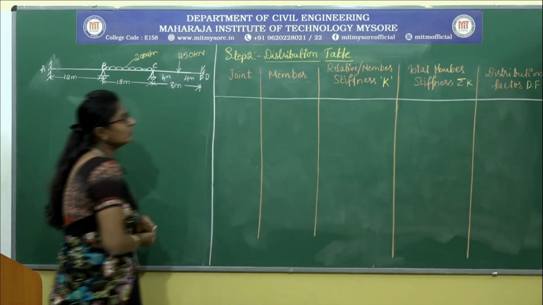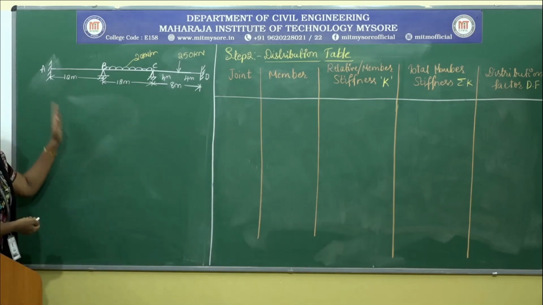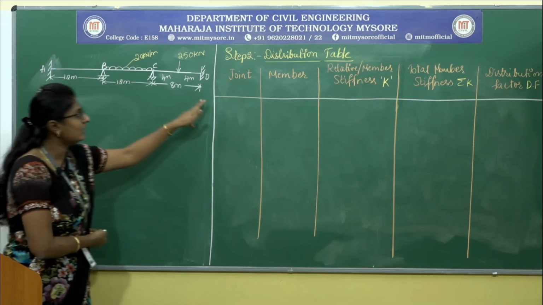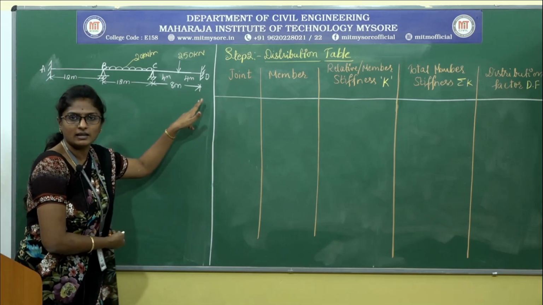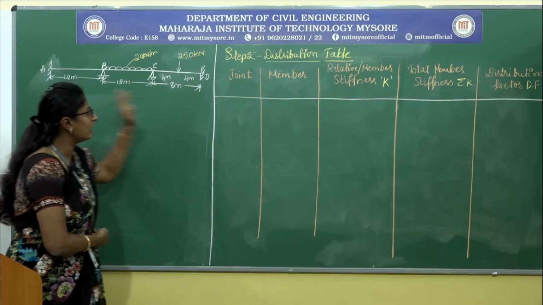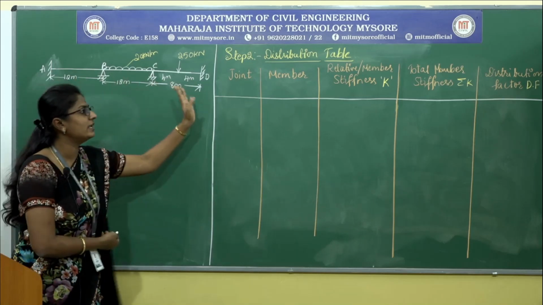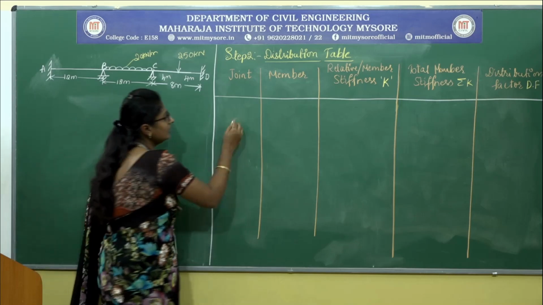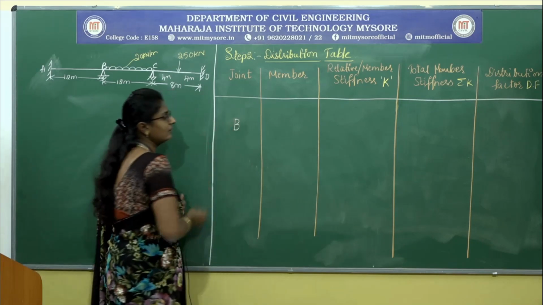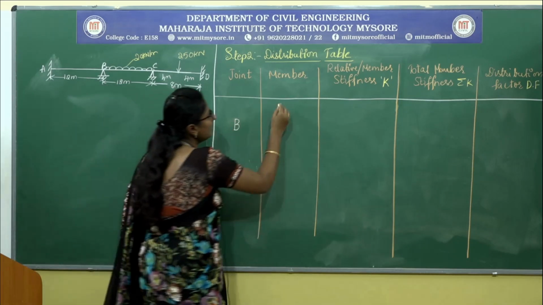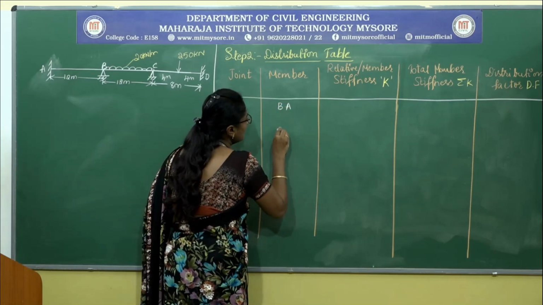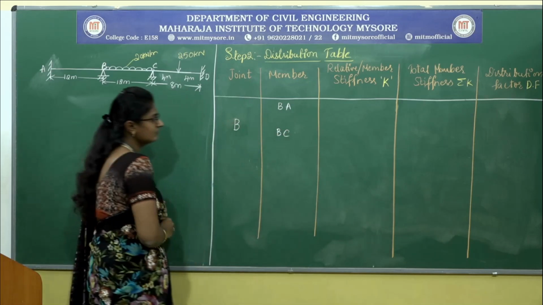As I told you, we have to consider the distribution table for each joint. We know the distribution factor for A and D as we have calculated. The distribution factor for A is 0 and for D is 0. So now I can directly take the joint B. For joint B, how many members are there? There are 2 members, BA and BC.